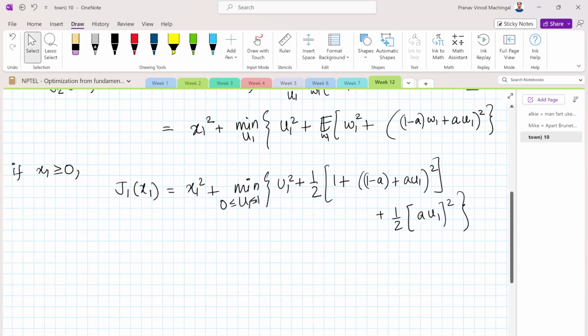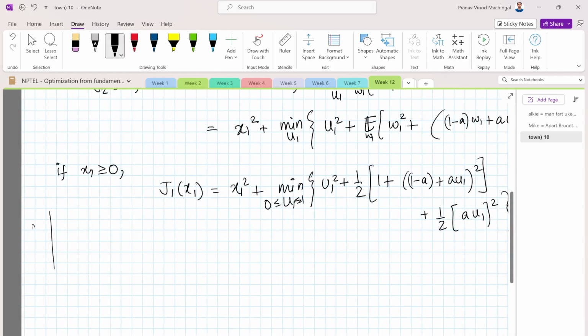So it can be somewhere here, or we want to find the minima, so we can look at the derivative. It's upward opening because the coefficient of u1 square is positive. To look at the minimum, we set the derivative equal to 0.